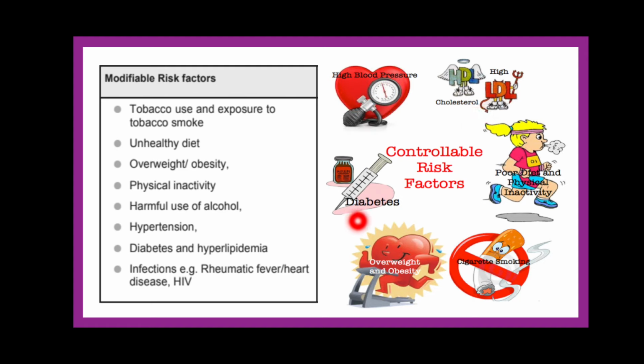All these factors we can control through exercise to some extent and through medicines to some extent. So these are modifiable risk factors, as well as some infections like rheumatic heart disease or HIV. So these are some modifiable risk factors.